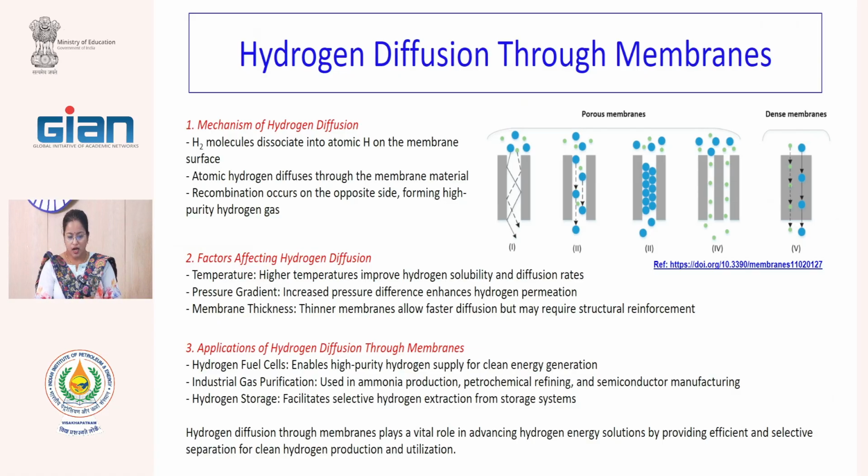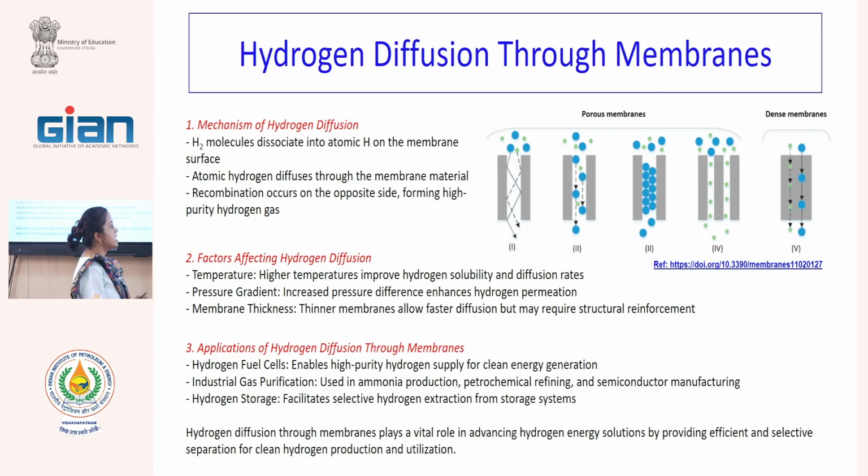Now, I was telling you something about the transport mechanism through the membrane. What are the ways a species diffuses through any porous membrane or any dense membrane? As I was telling, mainly you have active transport, where the hydrogen molecules or the water, and here they are showing porous membranes.